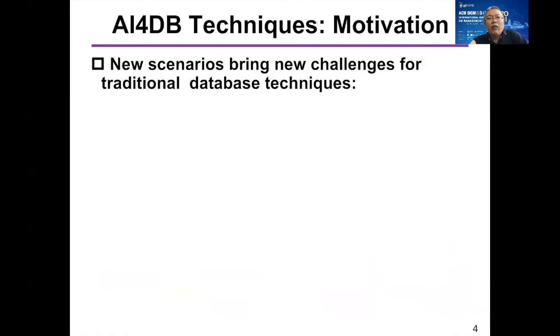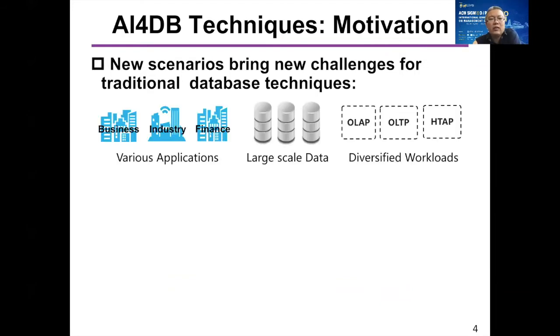So I first introduce some motivations of AI for database. We know there are many new scenarios that bring new challenges for traditional database techniques. For example, we have various applications, and we have large-scale data, and we have diversified workloads.